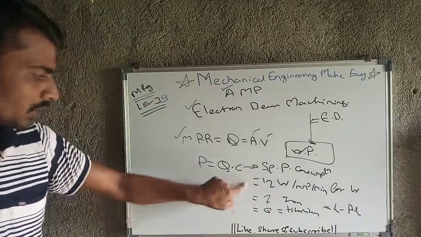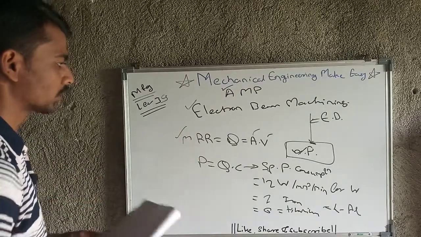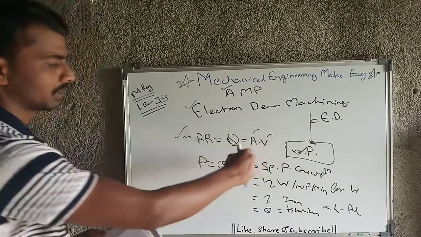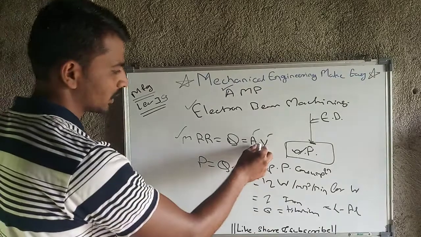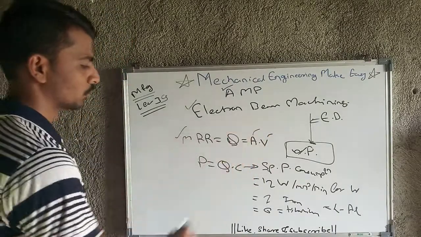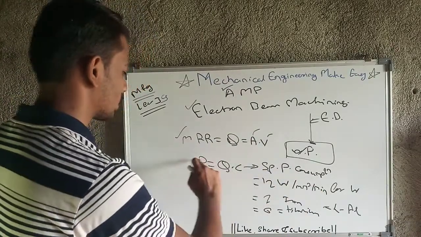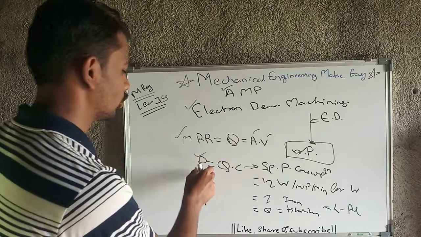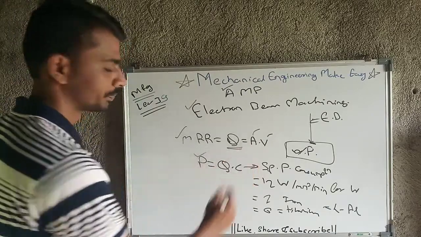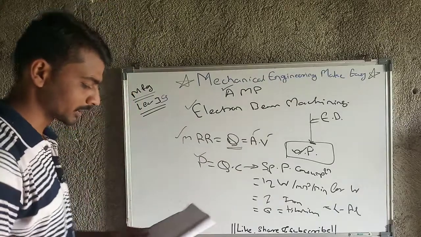So note down these values. These values are important. Note down this formula and this formula also. This is only area into velocity. In a numerical you will be given the value of area and velocity, so you will get the value of Q, and ultimately you will be given the value of specific power consumption, so you will get the value of power required for this Q. So these are the formulas for electron beam machining.